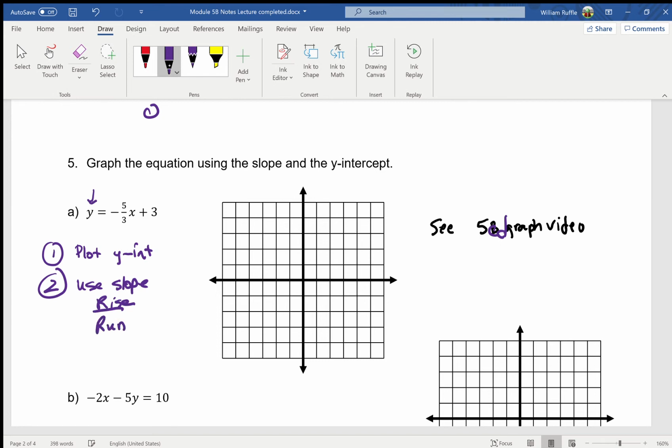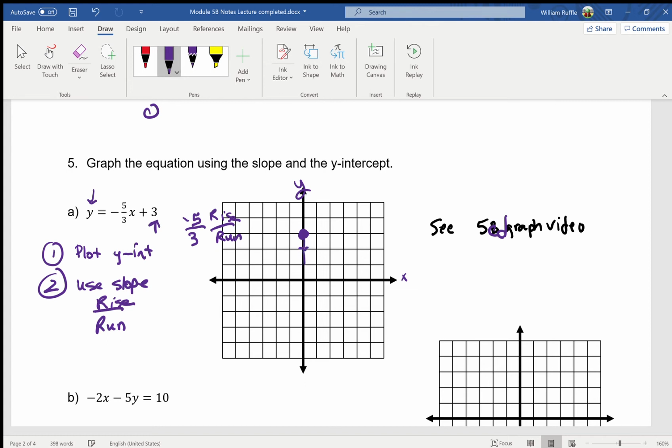So since the y-intercept is 3, remember, this is the y-axis, this is the x-axis. So I go 1, 2, 3, and I plot my point. Now if I think of negative 5 over 3, that means rise over run. Now, this is kind of government speak. I'm going to rise negative 5. So if I rise negative 5, that means I go down 5.